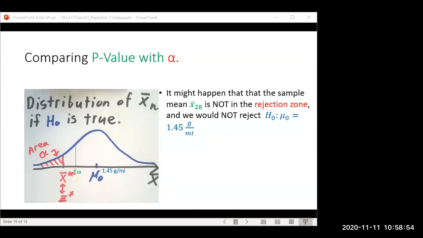Okay, so what happens to the p-value when we don't reject the null hypothesis? Let's shade in the p-value over here. That's all of this.